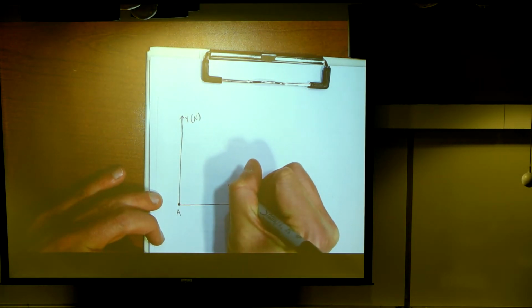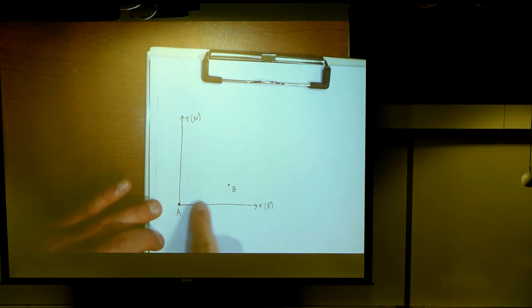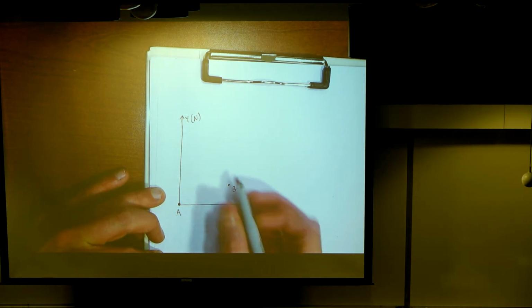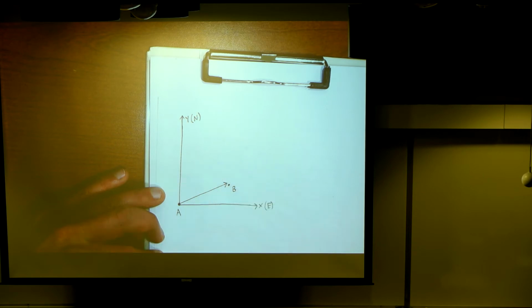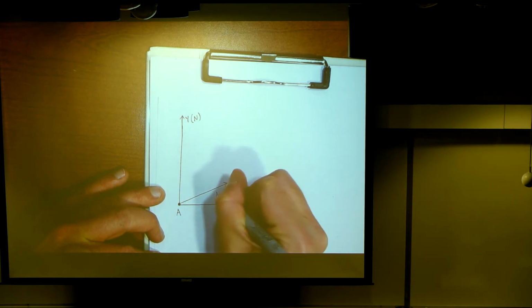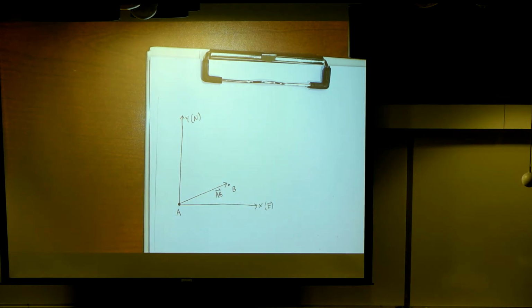Maybe this is Bob's location. Next I'm going to draw a vector which goes from Alice to Bob, and I'm going to call this vector AB. It's the vector that takes me from Alice to Bob.